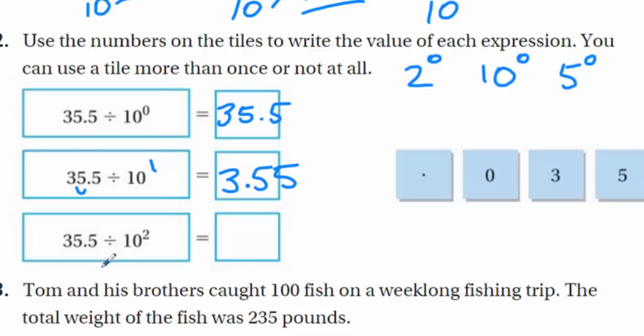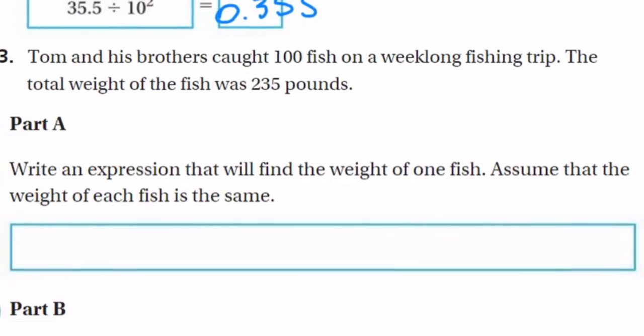Now we have 35.5 divided by 100, 10 raised to the 2nd power, so the decimal place is going to move 2 times. Now you could go ahead and figure that out with long division, but you'll probably make more mistakes than you'd want to because the size of the divisor and the dividend usually causes problems. Anyway, moving on.